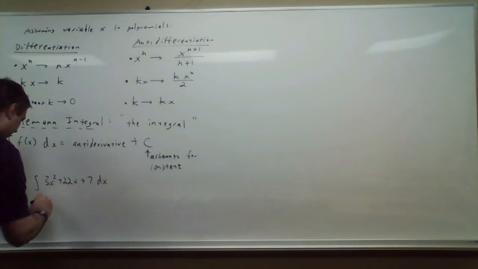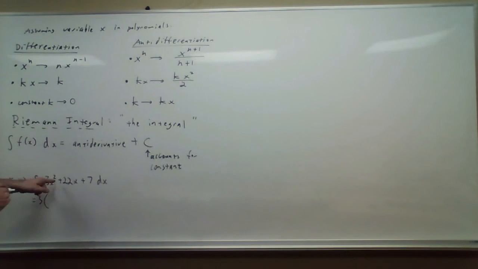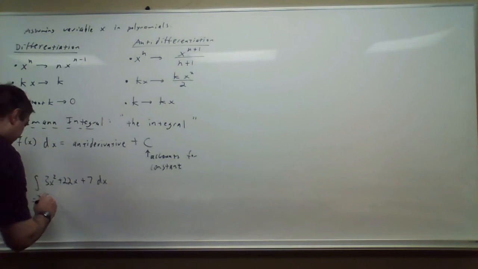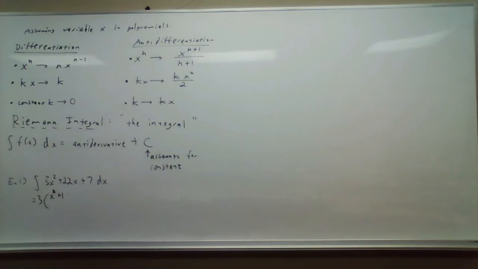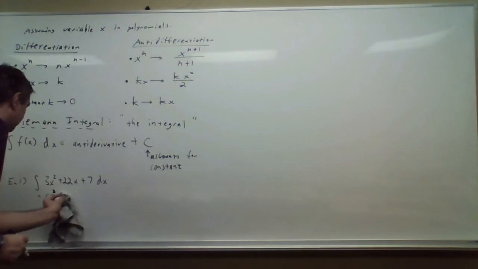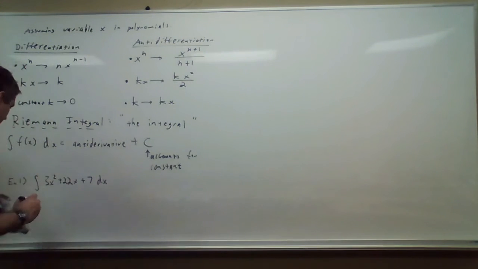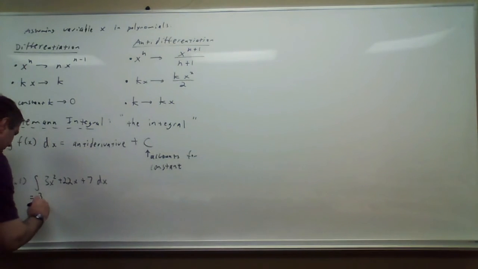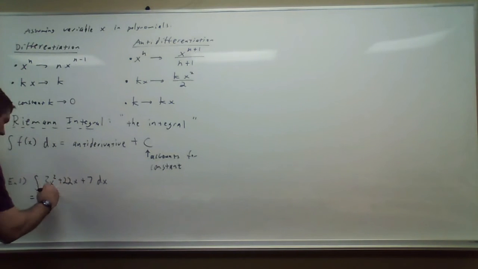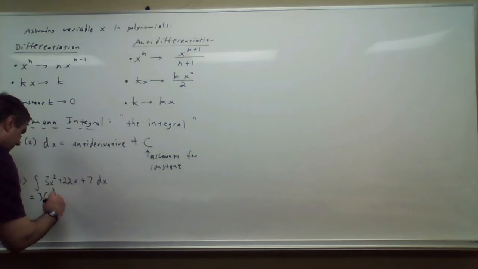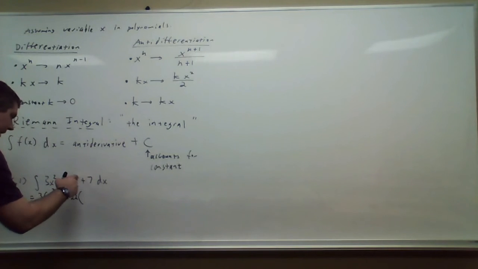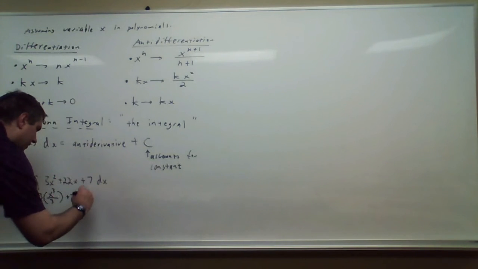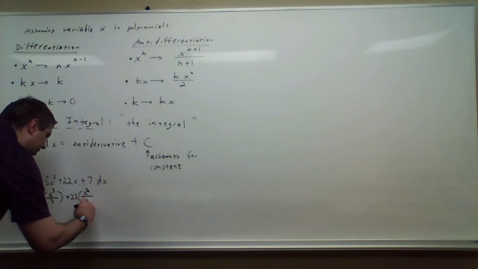So this will be 3, and then there's the antiderivative of x squared. Well, that's going to be x to 2 plus first. Sorry. I'm going to start that over. Okay, this is going to be 3 times x, we go up a power to x cubed over 3, plus 22. We go up a power from x to the first to x squared, and the new power on top is also your denominator.